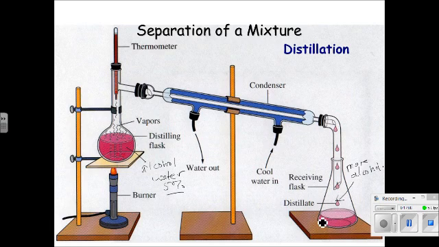They take this substance with more alcohol, put it back here, heat it up, more alcohol evaporates, goes down the tube, and then your distillate ends up having a higher concentration of alcohol over time. If you do that enough, you can end up with just water left here and your alcohol transferred. So that's a way we can separate a mixture, specifically a solution like an alcohol water solution.